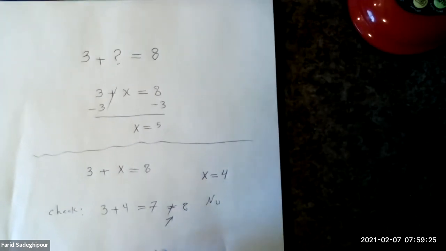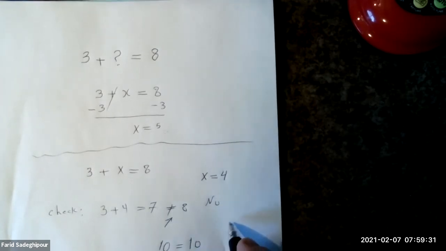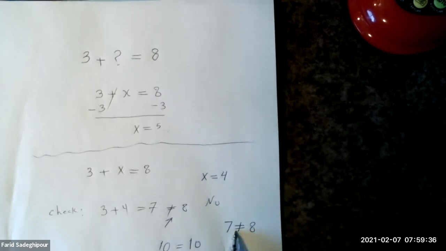If two items are equal, let's say 10 is equal to 10, this is the symbol we use. And when two numbers are not equal, this is the sign we use.